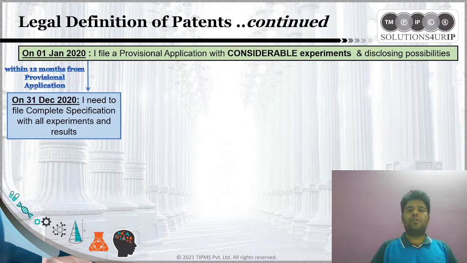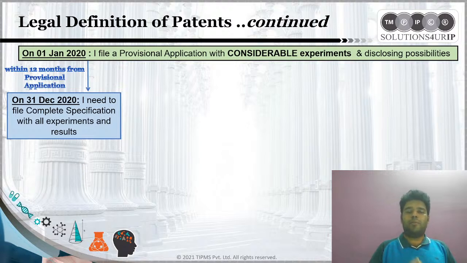So don't file any patent application with a provisional patent specification wherein you have failed to give proper experimentation. You must give experimentation that at least proves your idea.